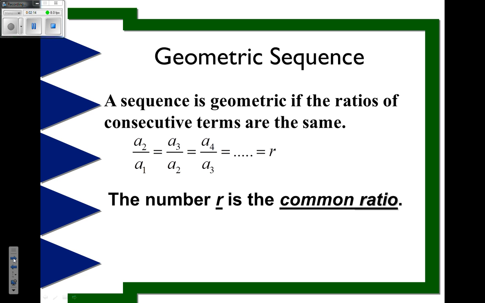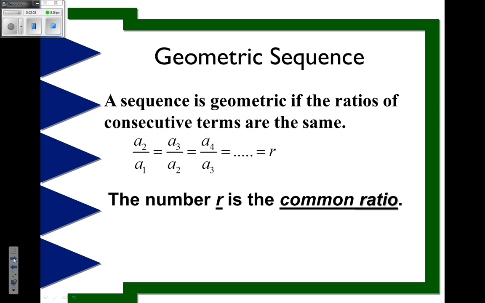Do y'all remember? If I was given a list of terms. That's for arithmetic, but if we're talking about exponential, I would take the second term and do what with the first? Divide by. So that's how I find the common ratio.